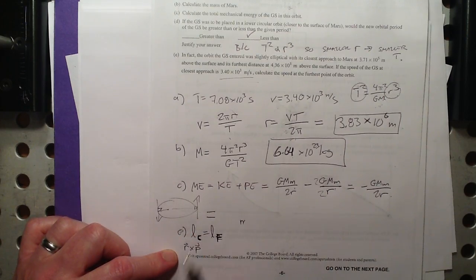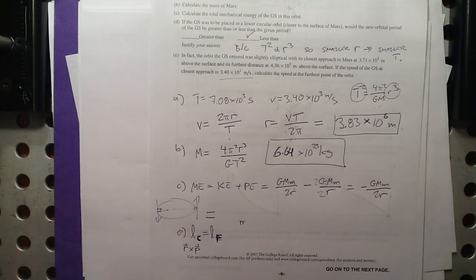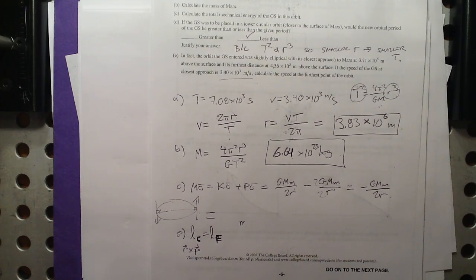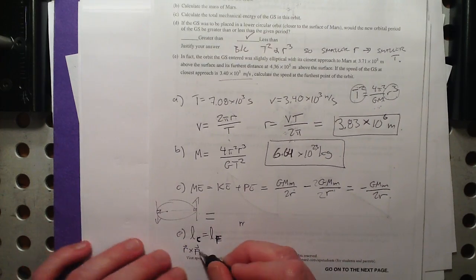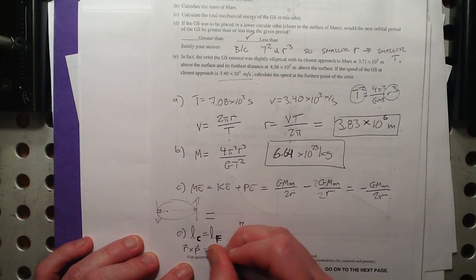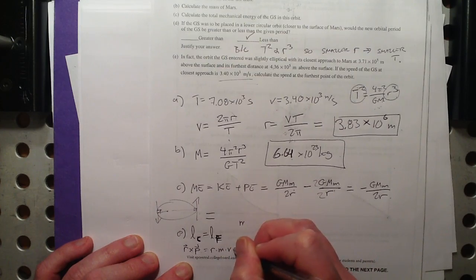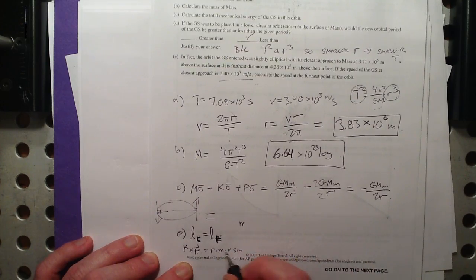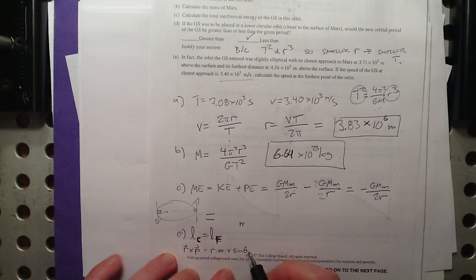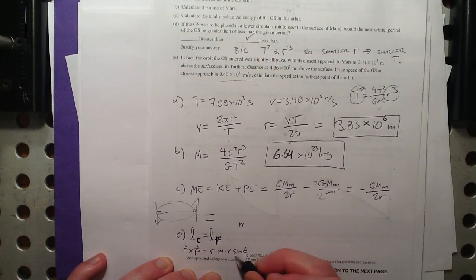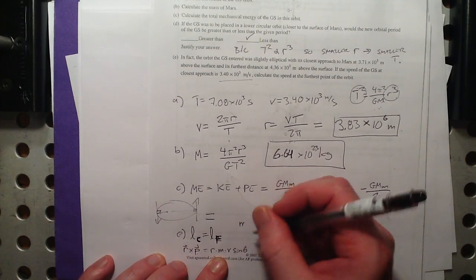Everywhere else it's not quite 90 degrees. Might be close, but it's not. So that means this R cross P, which is R M V, so remember, momentum is mass times velocity, sine theta. The sine of 90 degrees is just 1, so it's just RMV equals RMV.